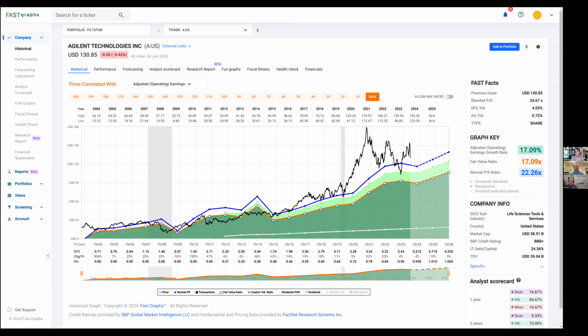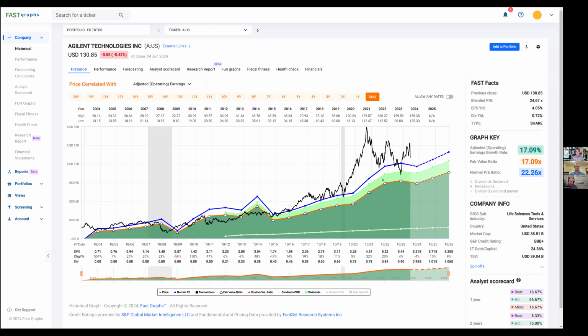And I use this example to make a point. Number one is I can instantly look at this graph. And it's one of the advantages of FAST Graphs, how you can instantly look at graphs and get a perspective, as Nathan alluded to. So here I can see that this company didn't even start paying a dividend till 2012. I can see that because that's when the white line started.